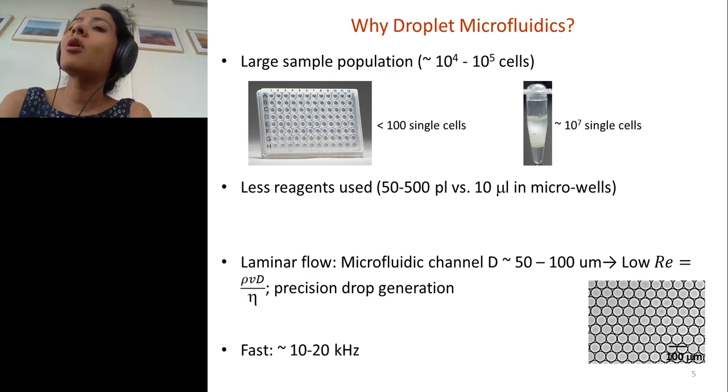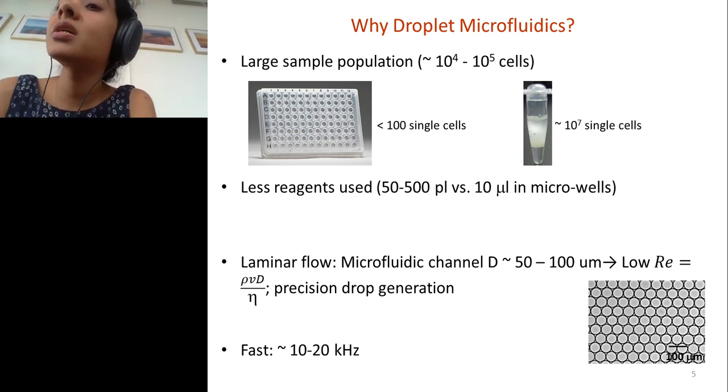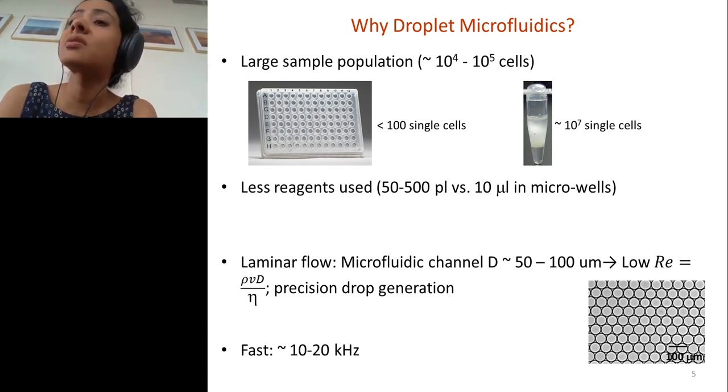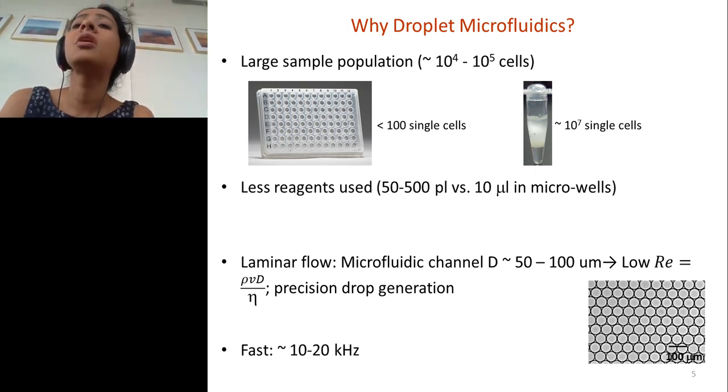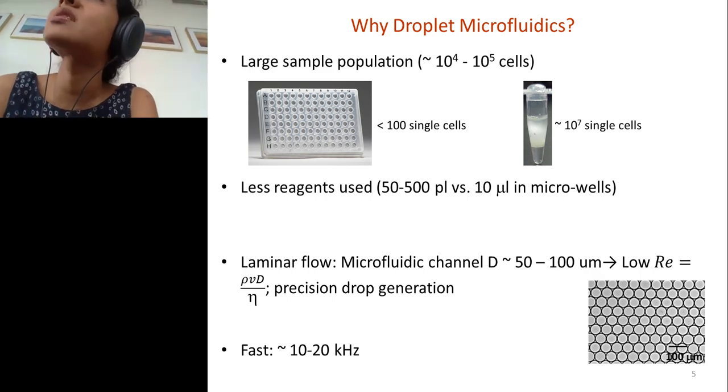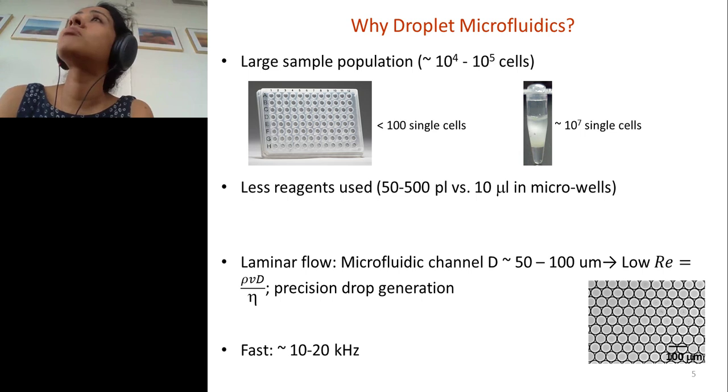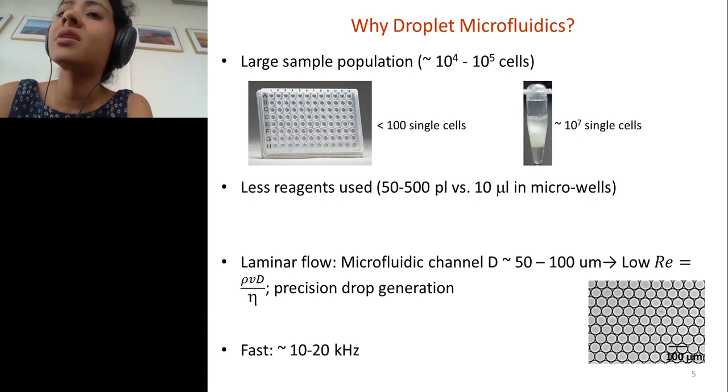Other advantages of microfluidic devices are that the channel sizes, the dimensions associated with the fluid flow, are very small. And we have very low Reynolds number flow. The droplet generation, the reactions that happen, happen in a laminar fashion, and there is a lot of precision and reproducibility in these droplets generated.